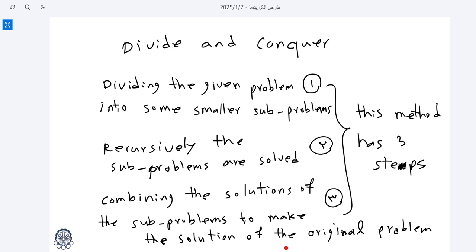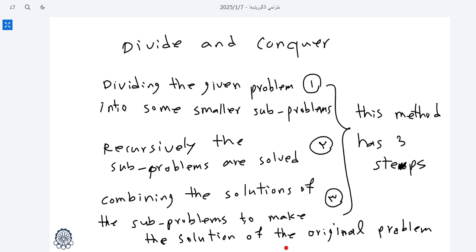The second step of the approach is solving each subproblem independently and recursively. Each subproblem is solved independently from the other subproblems. This is done by calling our algorithm recursively for each subproblem.